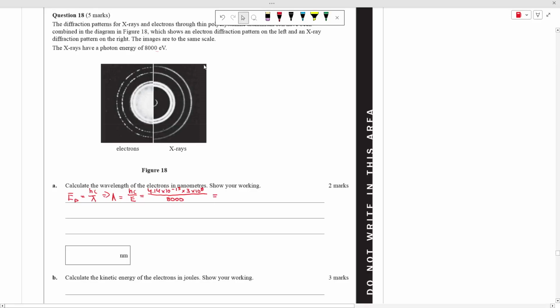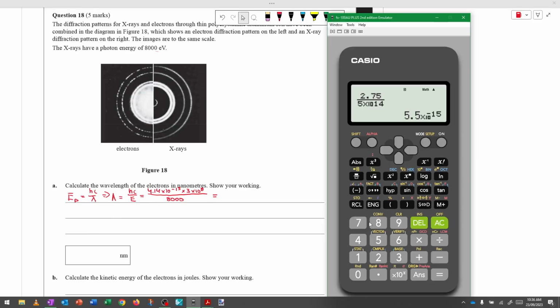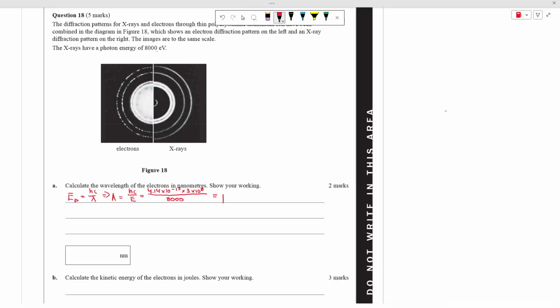And so the wavelength of the photons, let's work that out: 4.14 times 10 to the negative 15 times 3 times 10 to the 8 over 8,000, is 1.55 times 10 to the negative 10 meters.